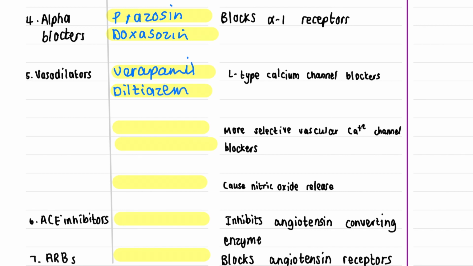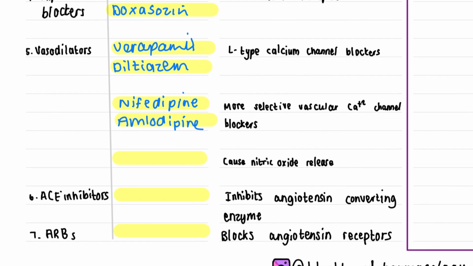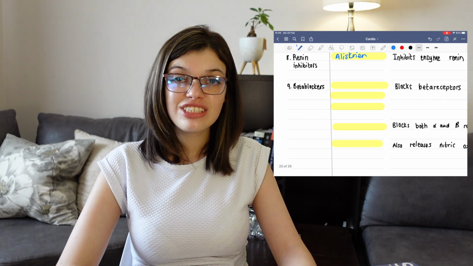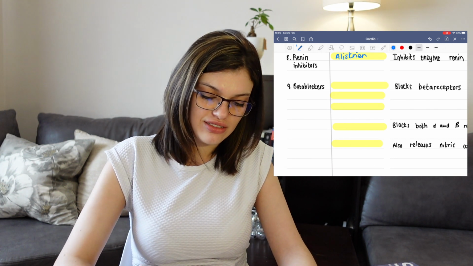Okay, and then more selective vascular calcium channel blockers will be nifedipine and amlodipine. Nifedipine is like Ciplalat, and amlodipine is like Amloc. Then drugs that cause nitric oxide release is like hydralazine.